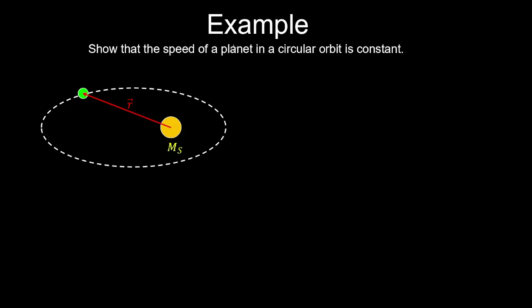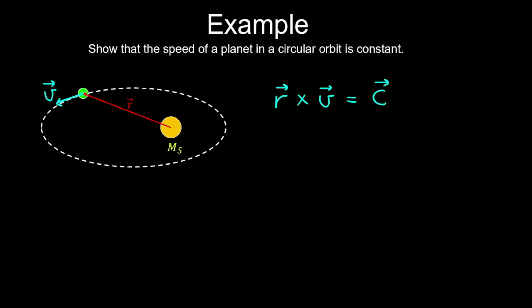Show that the speed of a planet in a circular orbit is constant. So recall, in an elliptical orbit, we had the cross product between a radial vector from the Sun, which is at one focus, and the velocity vector, which is tangent to the curve, is constant. So the orbit is in the plane.